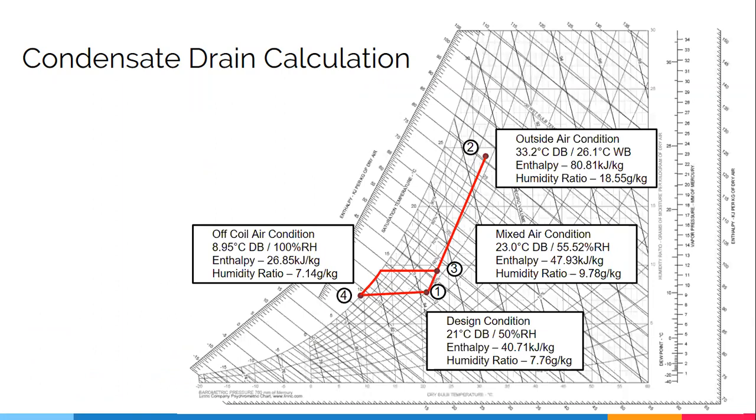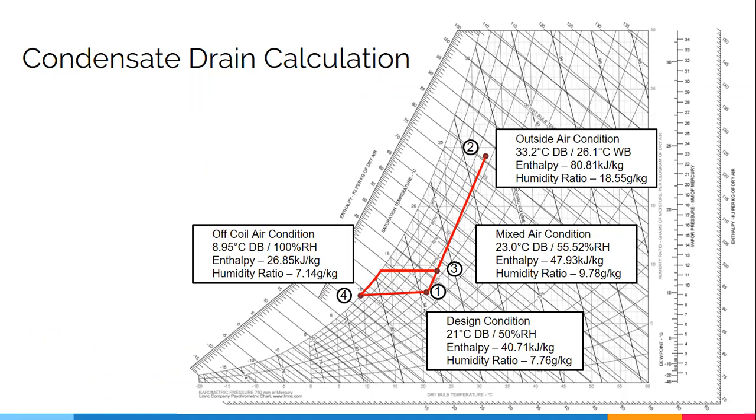We're going to look at the psychrometric chart. Similar to earlier, if you want a detailed explanation or overview of the psychrometric chart, you can search our YouTube channel, as flashed earlier.